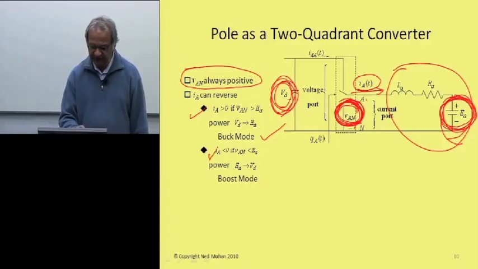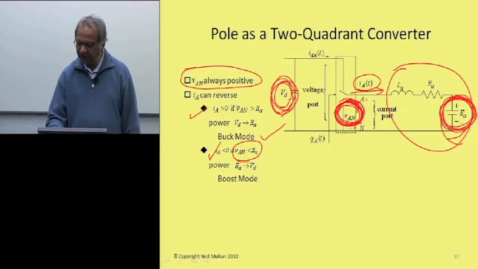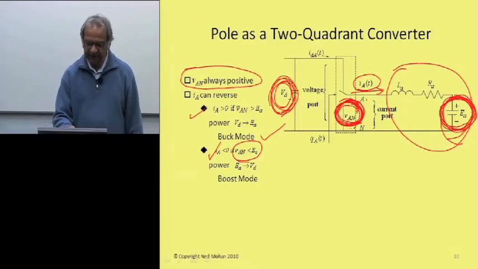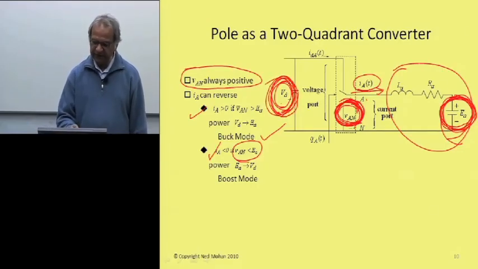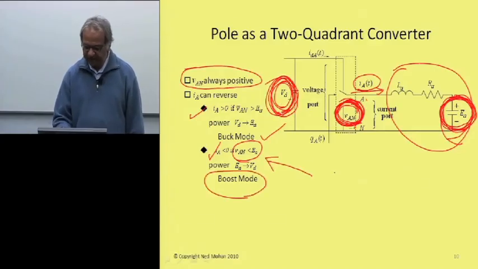It will be less than 0 under this condition, and then power would flow from here to this VD. Okay, so VD is always the largest voltage here, but in this case, the so-called boost mode, this VAN average is made to be less than EA.